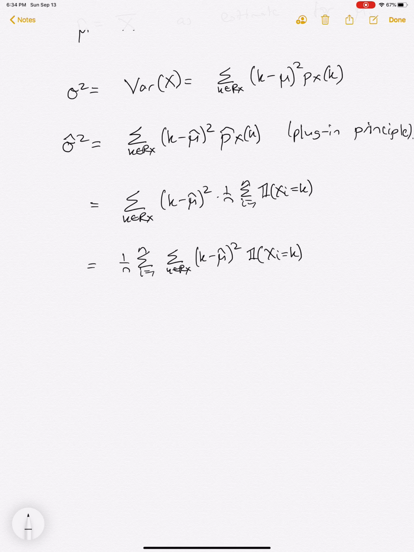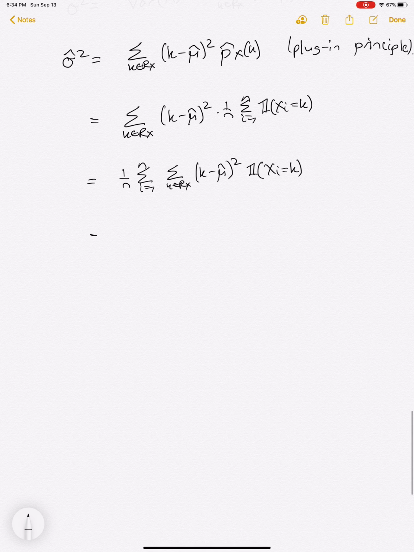Okay, so now if we split this calculation up, we can see that you can expand out the square as you typically would.